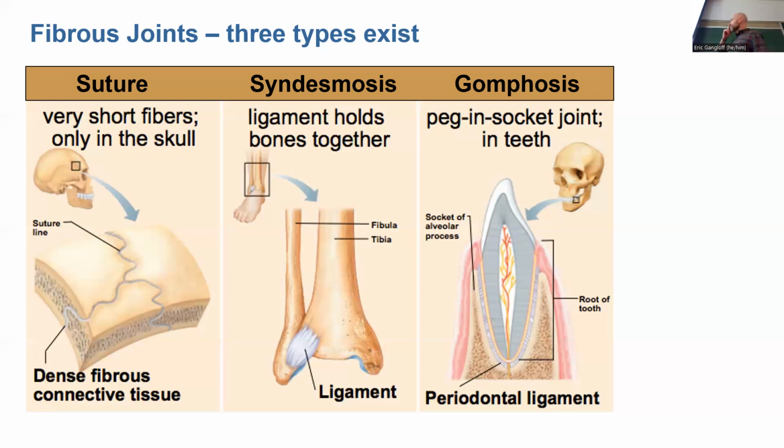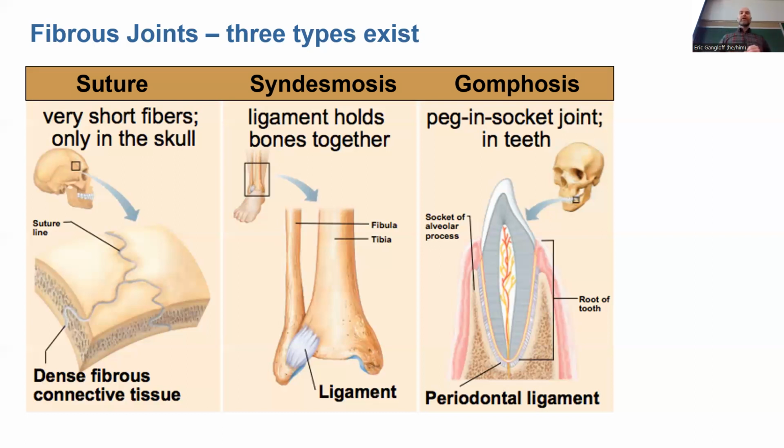And finally, one other cool joint we don't think about as a joint, something called a gomphosis. You find this in only one area of your body, and that is your jaw. Both in your upper and lower jaw, your teeth are bound by something called a periodontal ligament.